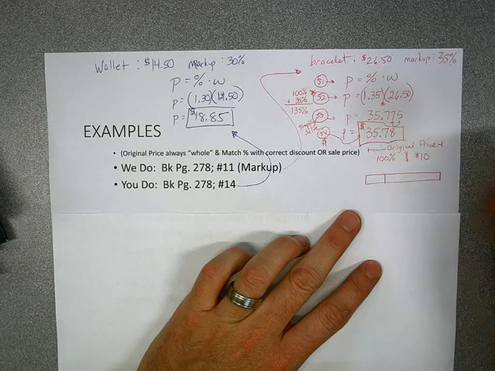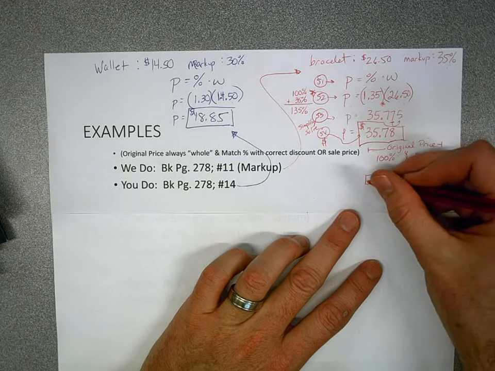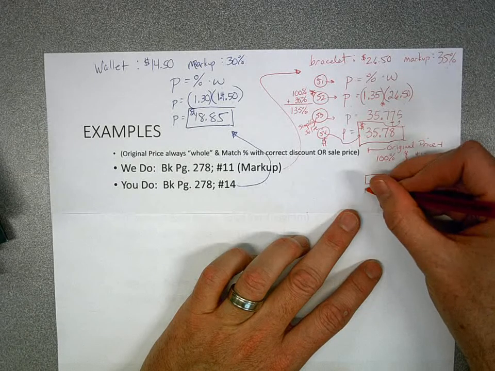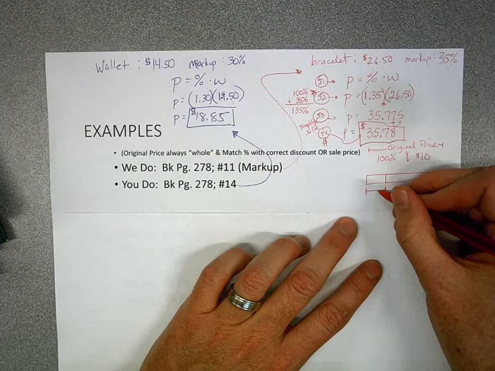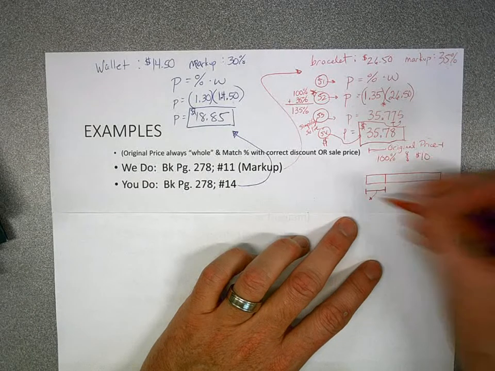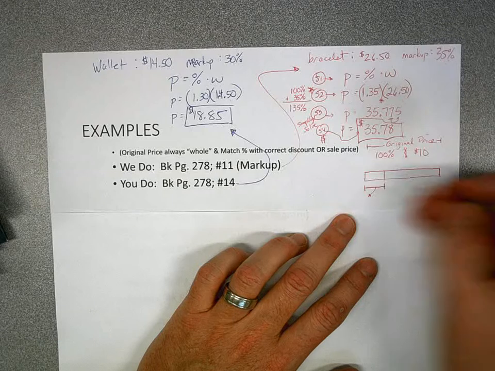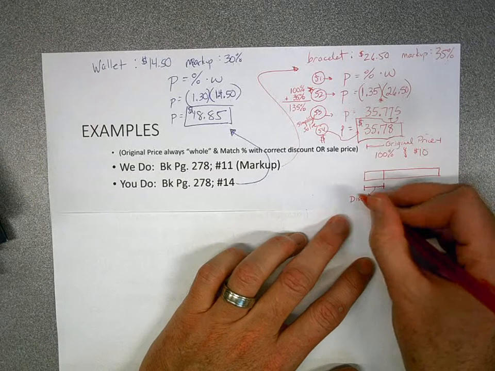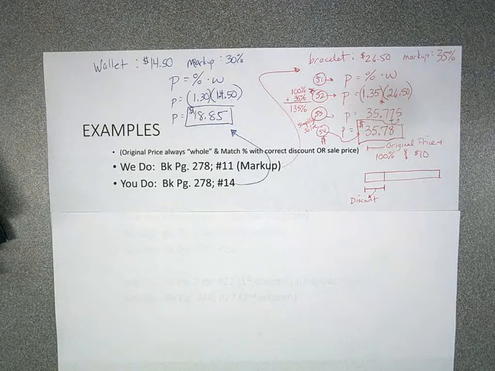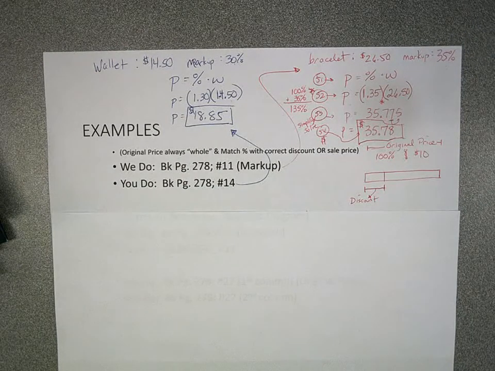This end of the bar, from here to here, is the discount. That can represent the discount, meaning how much money you're saving, basically how much money is staying in your pocket that you're not having to spend, right? The amount that the original price drops before you buy it.